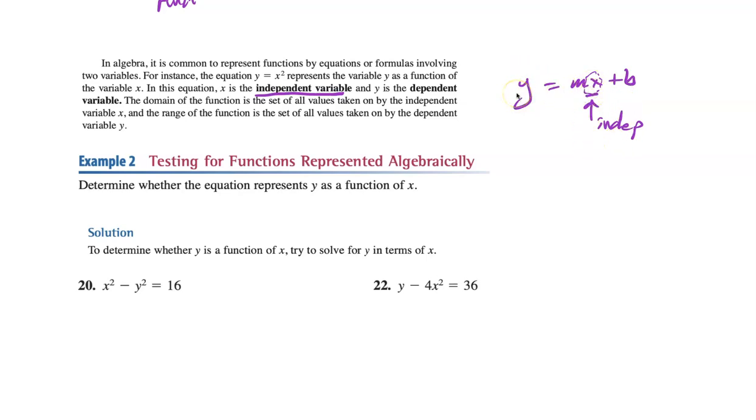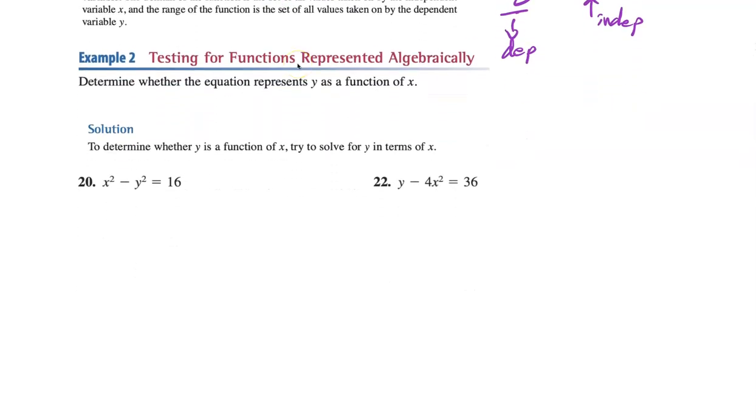The dependent variable is the one that you get the answer from. I plug in 2, I multiply it by some value here, I add some number there, I get the y value. That's the dependent variable. It depends on what happens here. The one by the equal sign is the dependent variable because it matters what happens when you plug the stuff in. So the thing you plug in is the independent variable, and the thing you get out is the dependent variable.